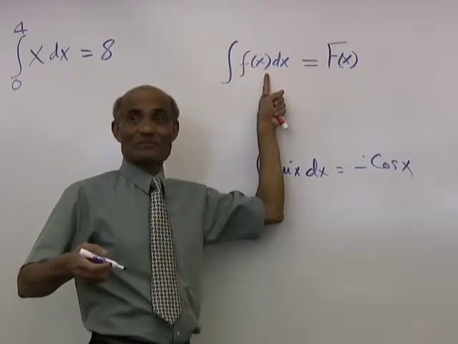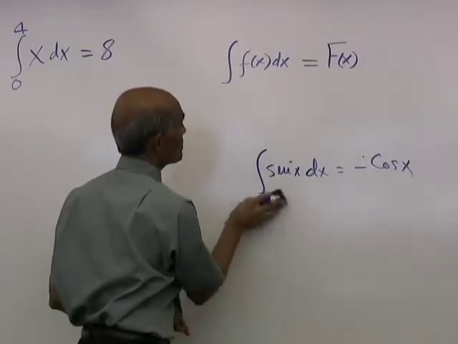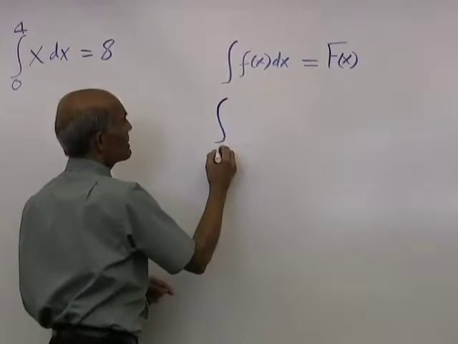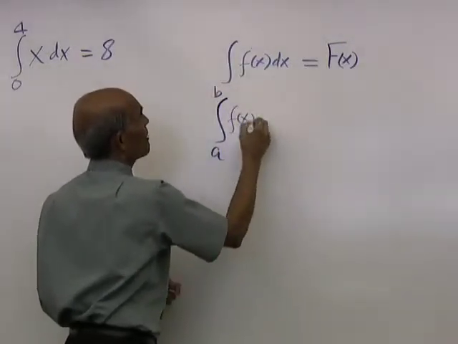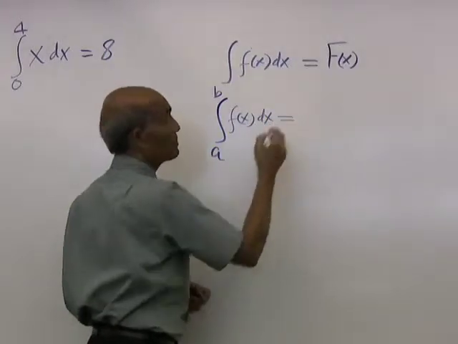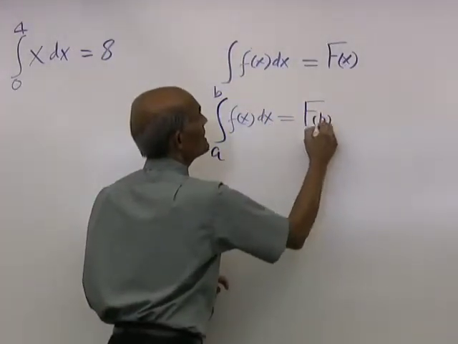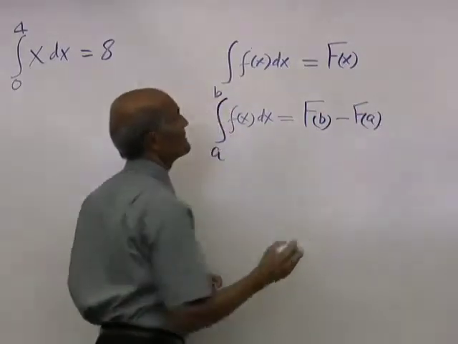I hope you understand it. Now, once you have this, the fundamental theorem says integral a to b of f of x dx equal to uppercase F of b minus uppercase F of a.